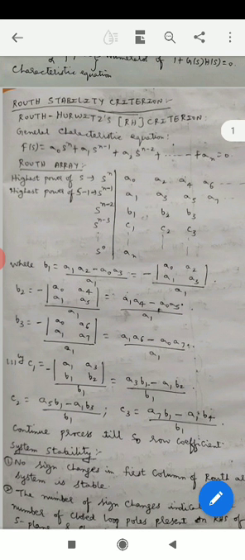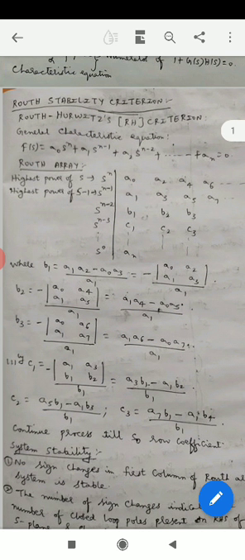Similarly, the next lower power, s power n minus 5, has coefficient a5, and s power n minus 7 has coefficient a7. This will be clear when we discuss the problems.